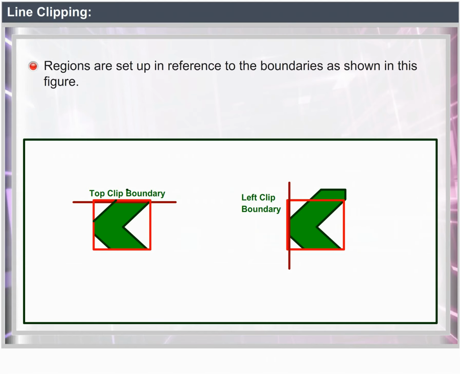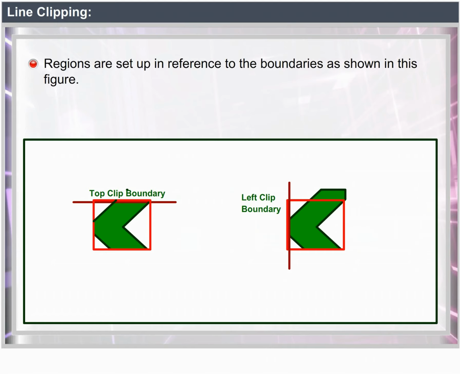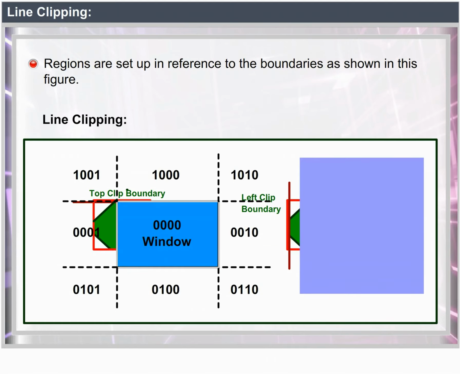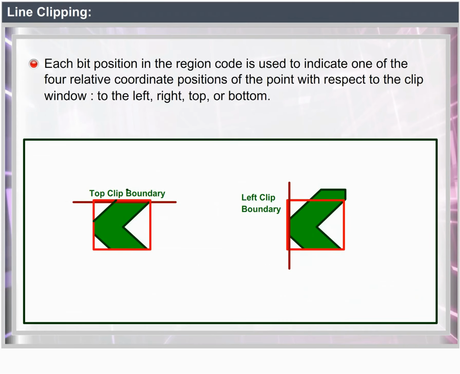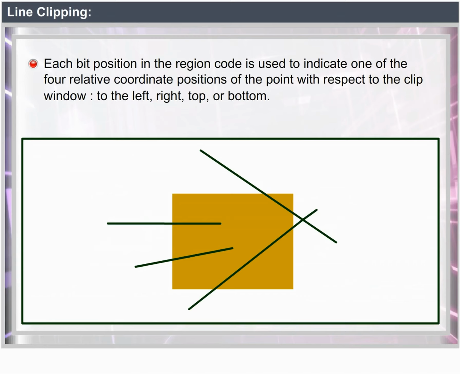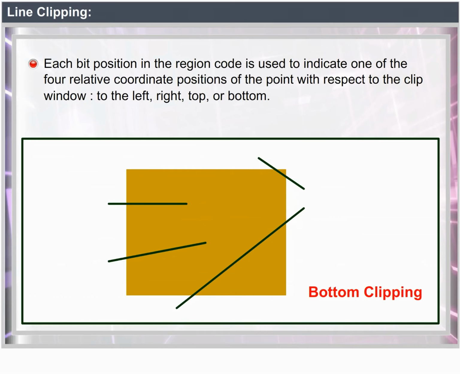Regions are set up in reference to the boundaries as shown in this figure. Binary region codes are assigned to line endpoints according to the relative position with respect to the clipping rectangle. Each bit position in the region code is used to indicate one of the 4 relative coordinate positions of the point with respect to the clip window: to the left, right, top, or bottom.